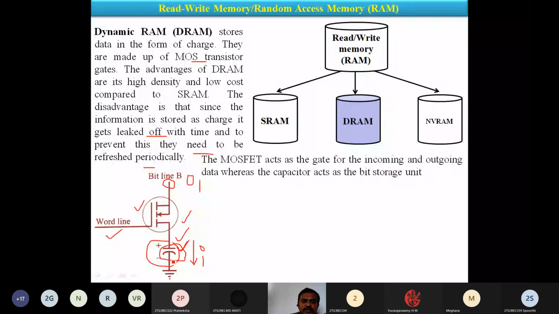If the bit is 1, the capacitor is going to charge. The states of charge and discharge are considered as logic 1 and logic 0, data 1 and data 0. As the name indicates, it is in the form of charges. If the capacitor is charged, bit 1 is there. If the capacitor is discharged, bit 0 is there in the memory.